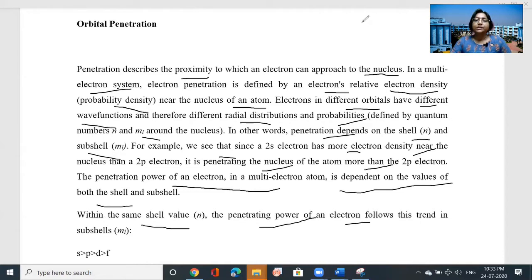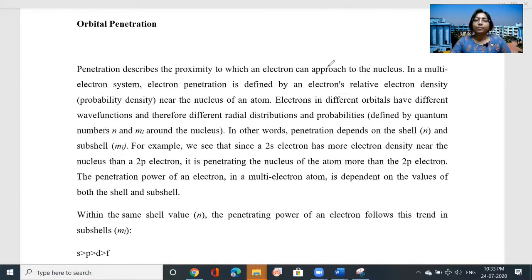So you have understood orbital penetration. Say 2s and 2p: 2s has more electron density near the nucleus. That is why we say the penetration of the nucleus for 2s is higher than 2p.